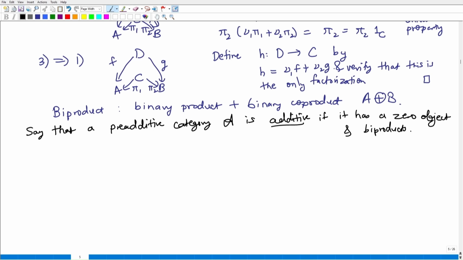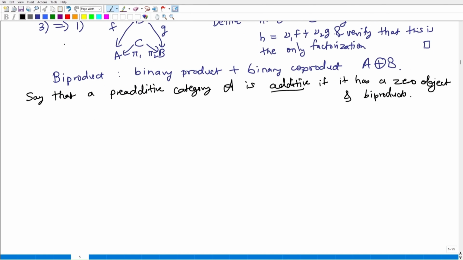Okay, what would be the next thing? If we are trying to add more limits and colimits, then what else is remaining? Equalizers. Very good. So equalizers have got a special name here. They are called kernels. Okay, so kernel, this is a definition. Suppose f is a morphism.